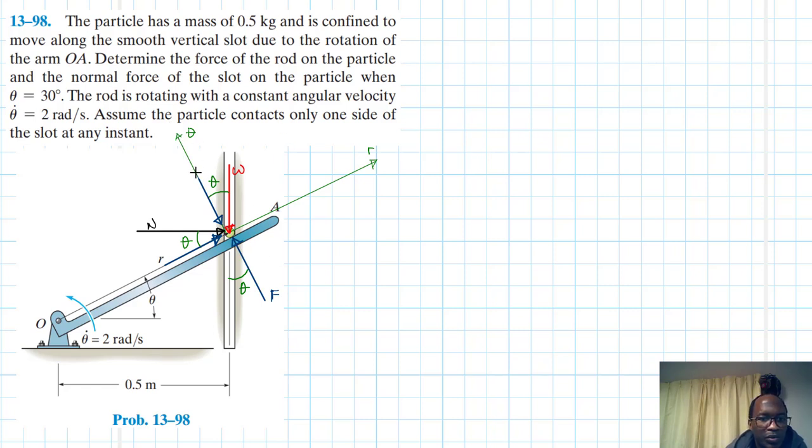W will have components, one in this direction and another one in this direction. Let's label them. This is W sine theta, this is W cos theta, and then this one here is N sine theta, and this one is N cos theta.